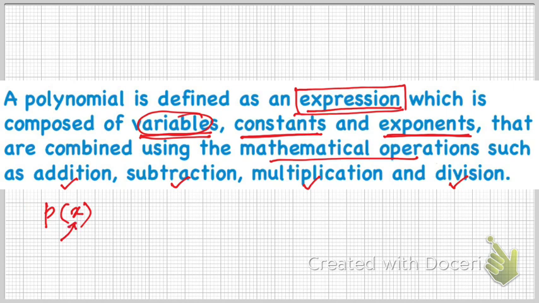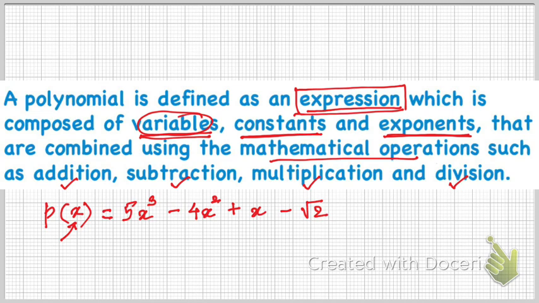Okay, we are defining the variable as x, then p(x) is equal to 5x cube minus 4x square plus x minus root 2.